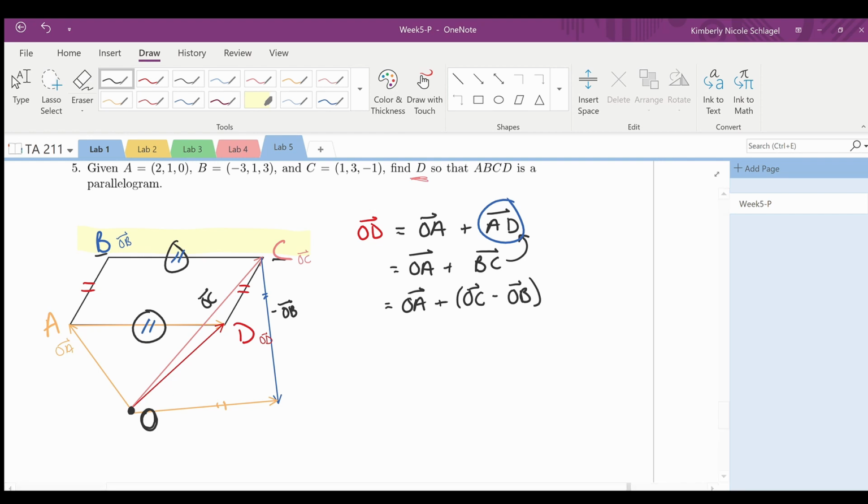So now we see that our equation is in terms of all of the stuff that we already know. So at this point, we can just add in our vector form here.